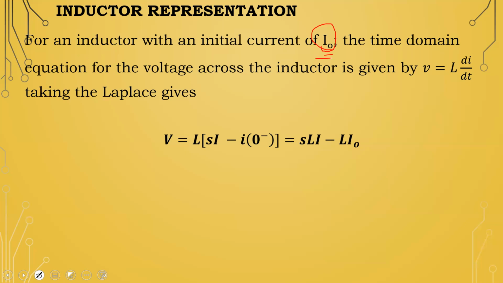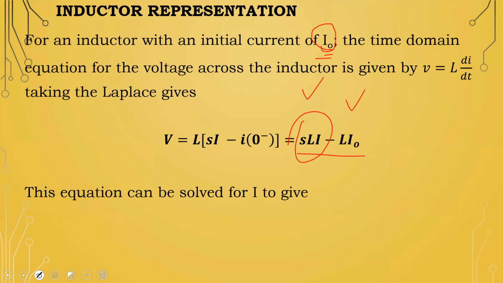So for V, we have L times sI minus I0 minus, and I at 0 minus would have been the initial current. So expanding, we have sLI minus L I0. Of course, if you have a voltage being equal to a component minus another component, then both of these represent voltages.